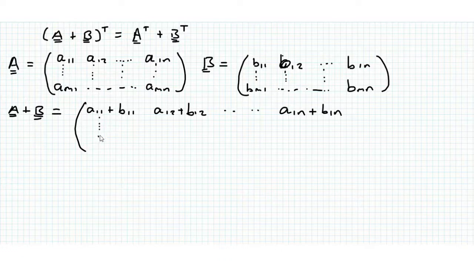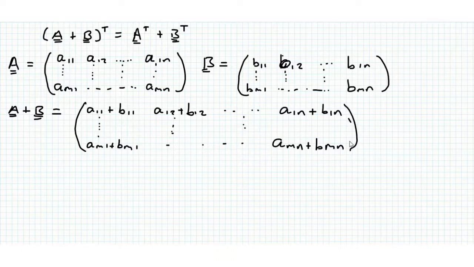There are additions in here, but I'm just writing down the key ones. Am1 plus Bm1, and then finally Amn plus Bmn. Okay, so that's our matrix A plus B.